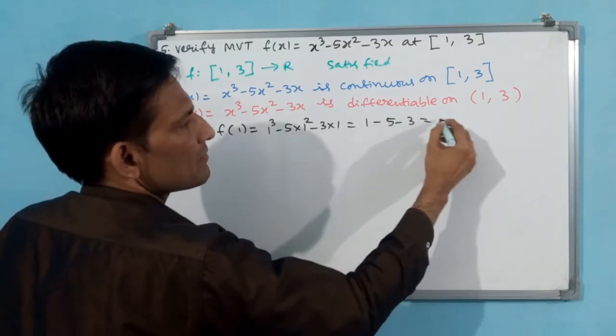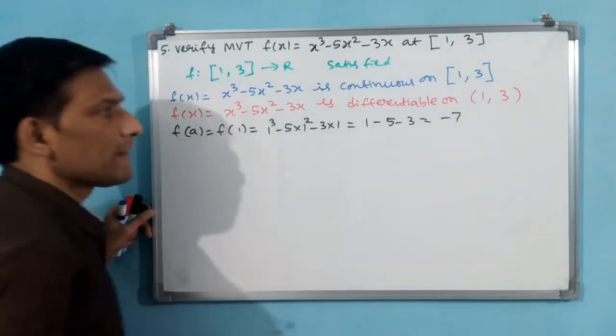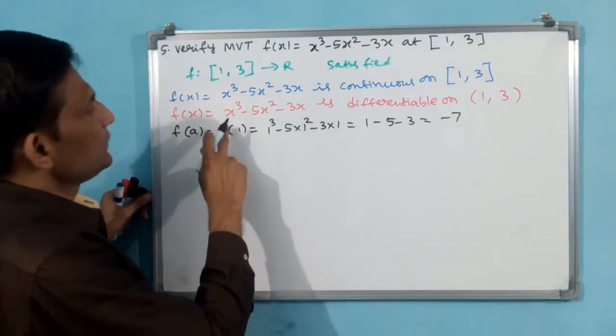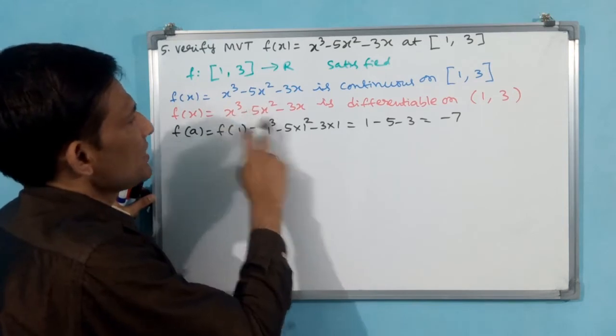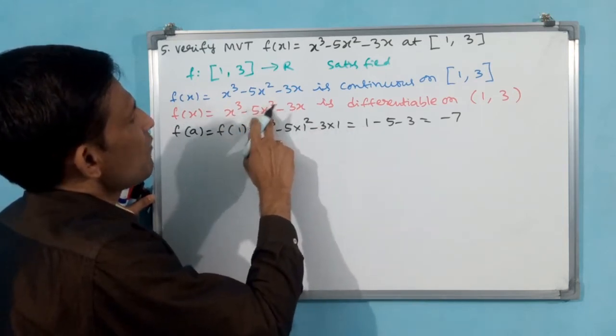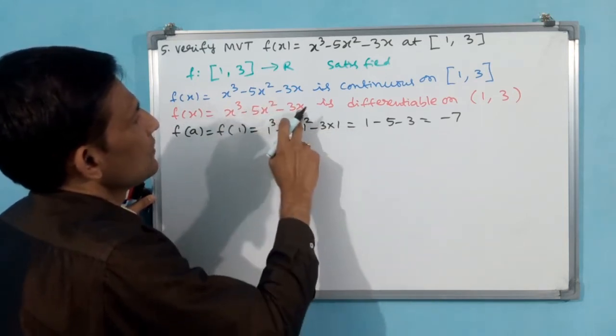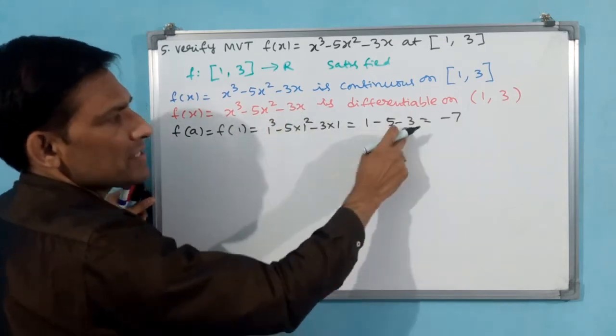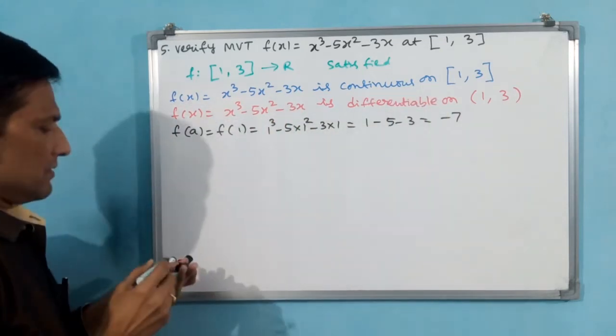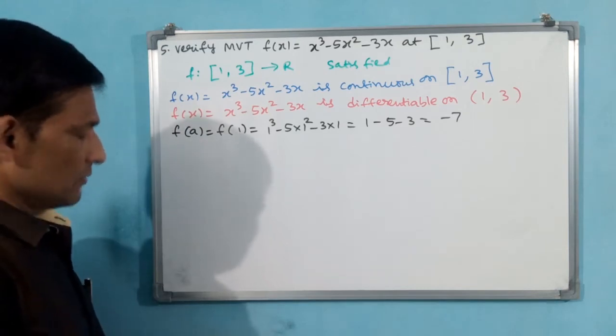Minus 8 plus 1, minus 7. That also is done.